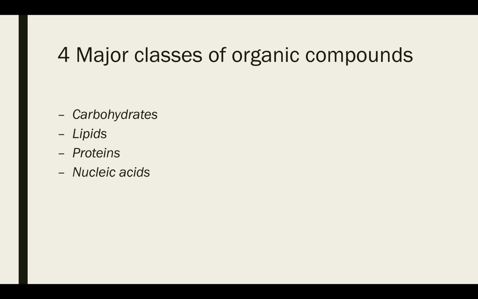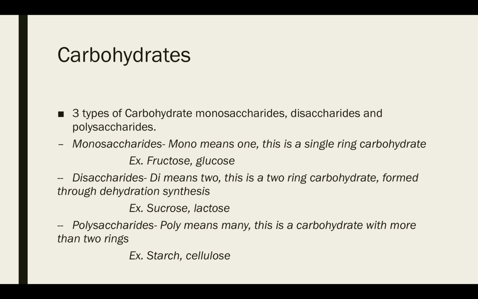Now on to the four major classes of organic compounds: carbohydrates, lipids, proteins, and nucleic acids. We'll start with carbohydrates. There are three types of carbohydrates: monosaccharides, disaccharides, and polysaccharides. Monosaccharides, mono meaning one, are single ring carbohydrates.